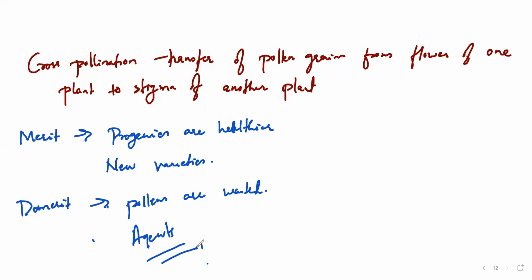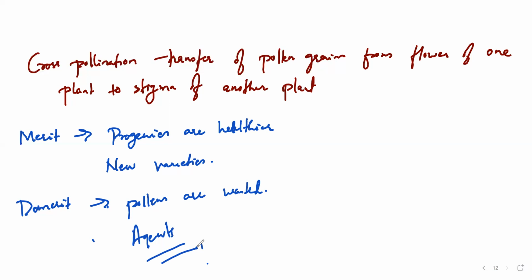Okay, it may be a failure also, it may not happen or may happen. So these are the demerits of cross-pollination. If it's self-pollination, then obviously the pollination is going to happen 100%. But if it's cross-pollination, the chances of pollination are comparatively a little less.